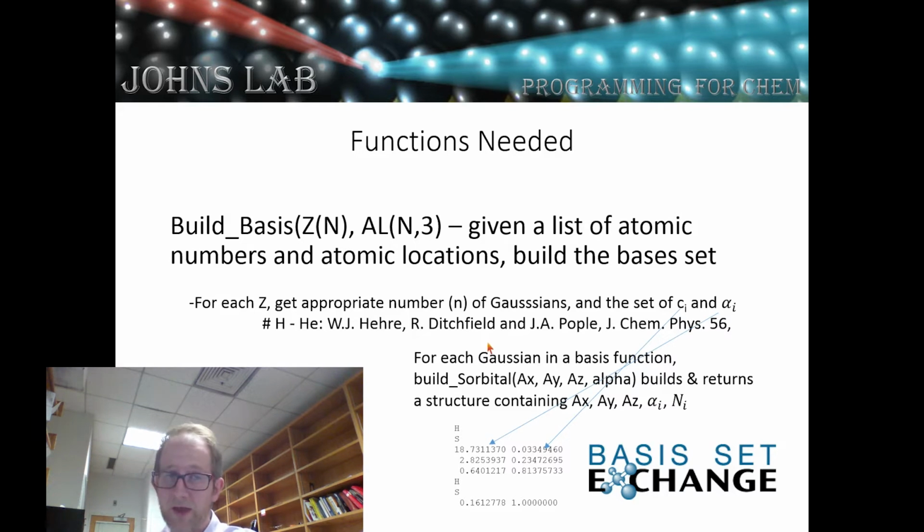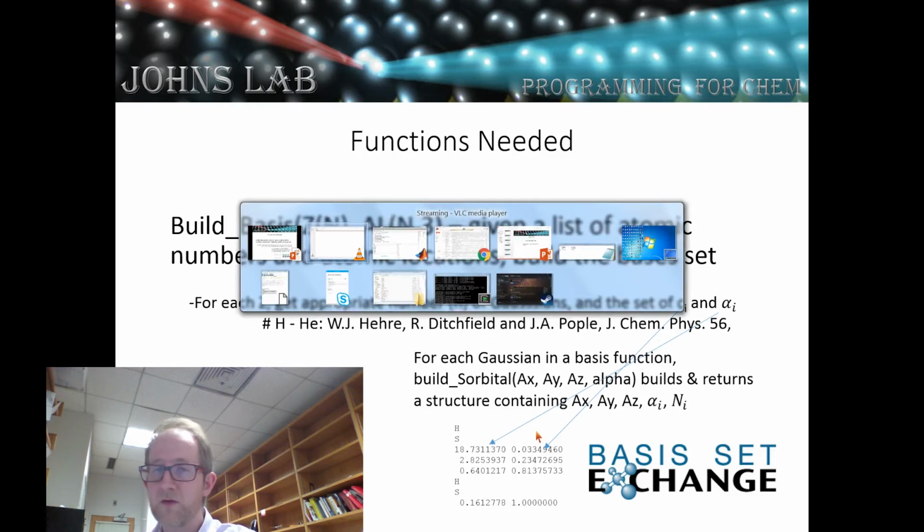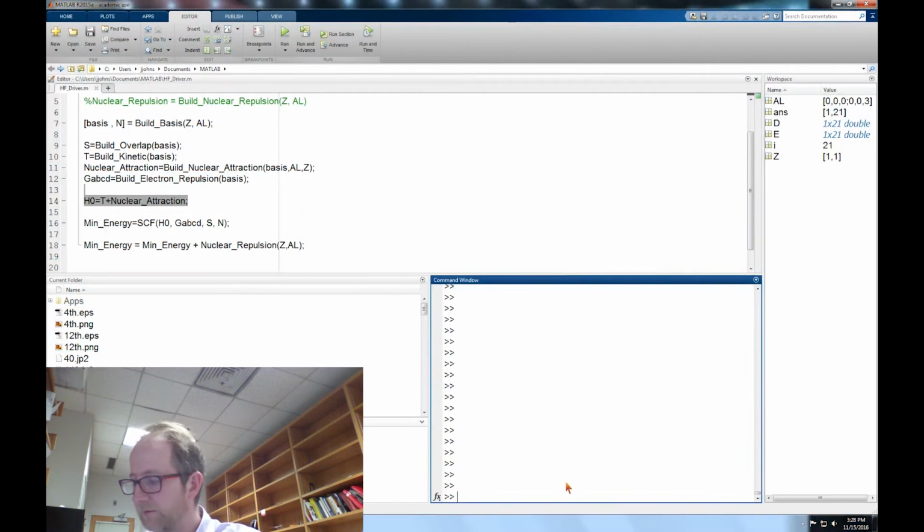Okay, that little caveat out of the way, let's hop over to MATLAB and start the work of actually writing these up. This is the HF driver program that we built last time, and now let's go ahead and start implementing this. The first thing we need is to build a single Gaussian function, so we're going to edit build S orbital.